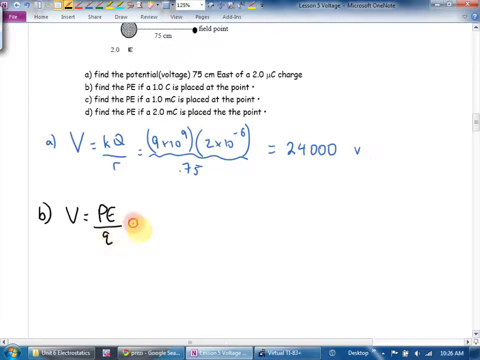That means that potential energy is going to be qV. It's going to be 1 times 24,000. Evan, what is 1 times 24,000? I knew you could. Joules.